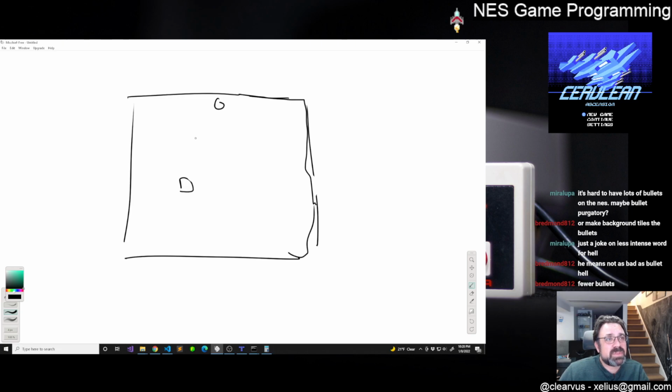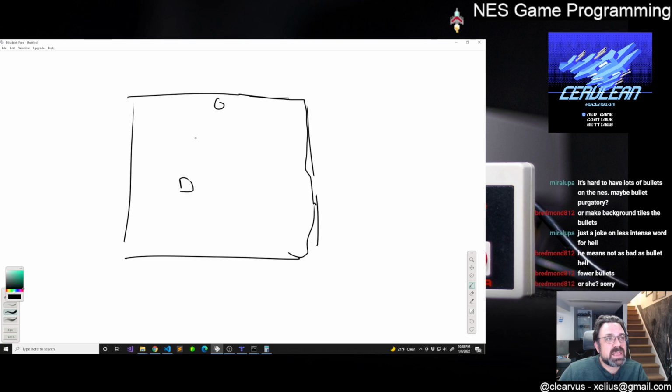Make the background tile the bullets? No, you really can't. I asked that in another stream, but for Mirror Loop, it's no. You can't do that with the backgrounds the way we're doing them, because the bullets would have to move at a pretty granular level, and it'd be a pretty chunky movement.